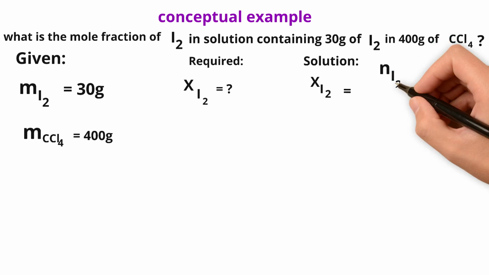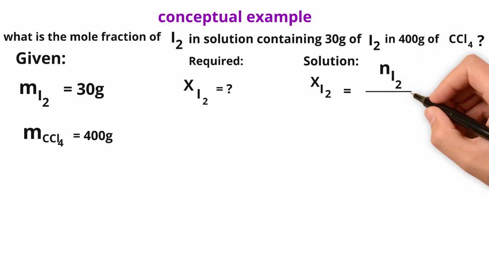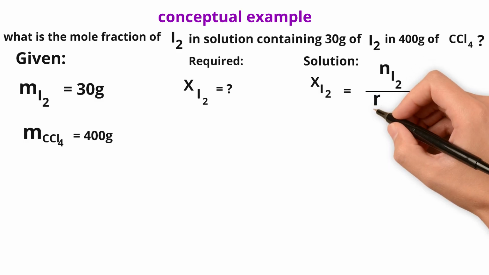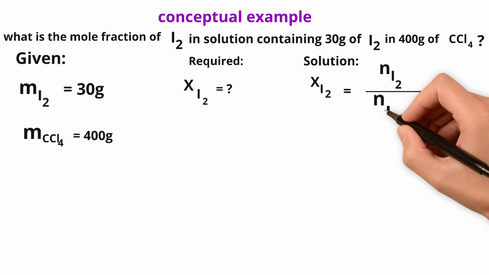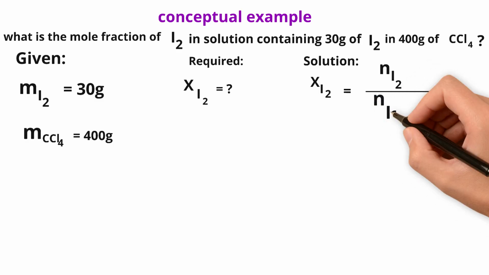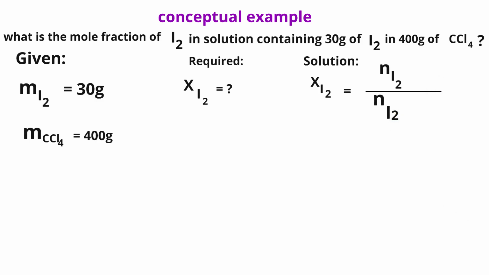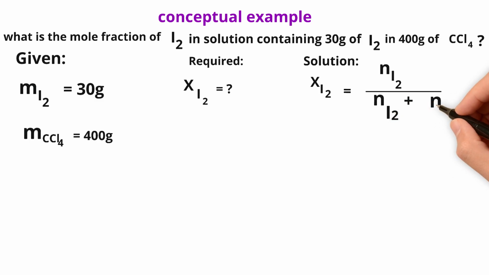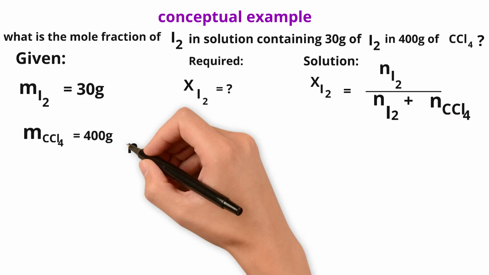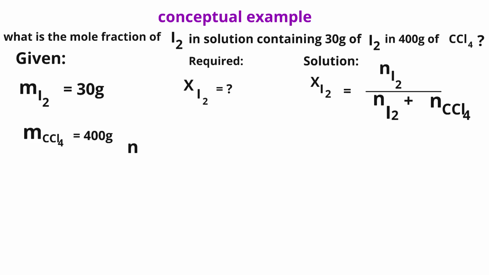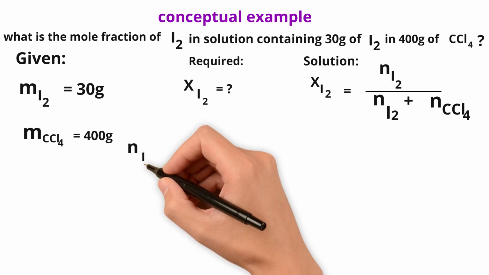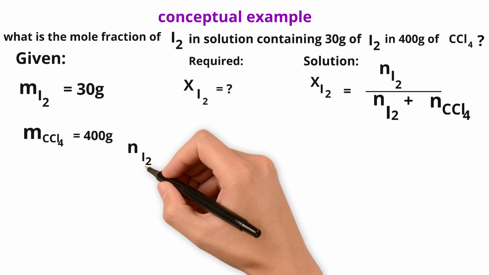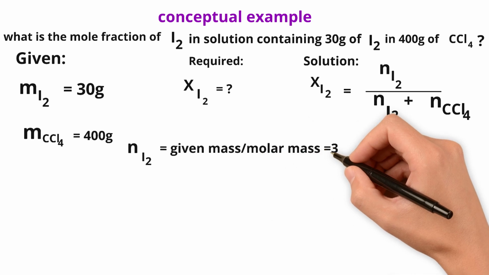To determine mole fraction of iodine, we need to calculate both mole of iodine molecule and mole of carbon tetrachloride. Therefore, mole of iodine molecule is equal to given mass upon molar mass, which is equal to 30 grams upon 254 grams per mole, which is equal to 0.12 mole.